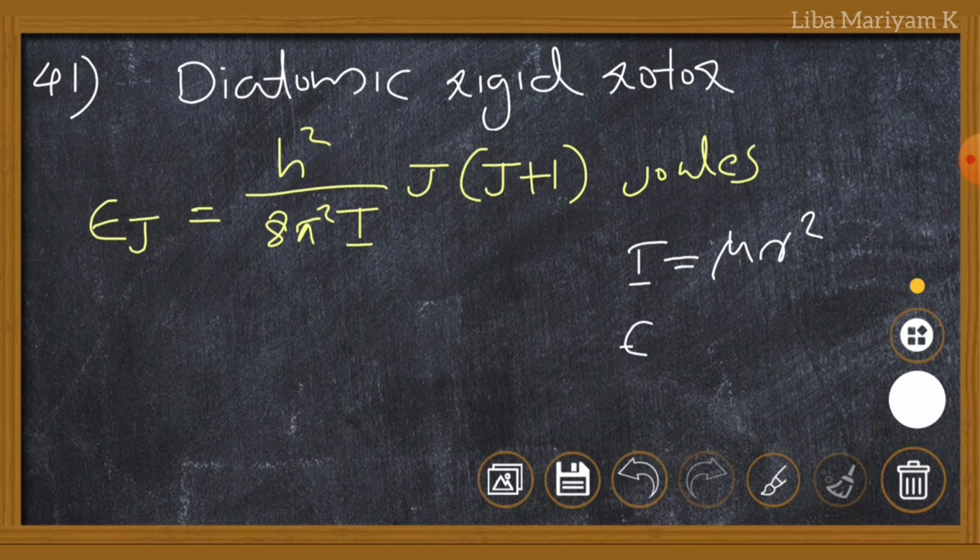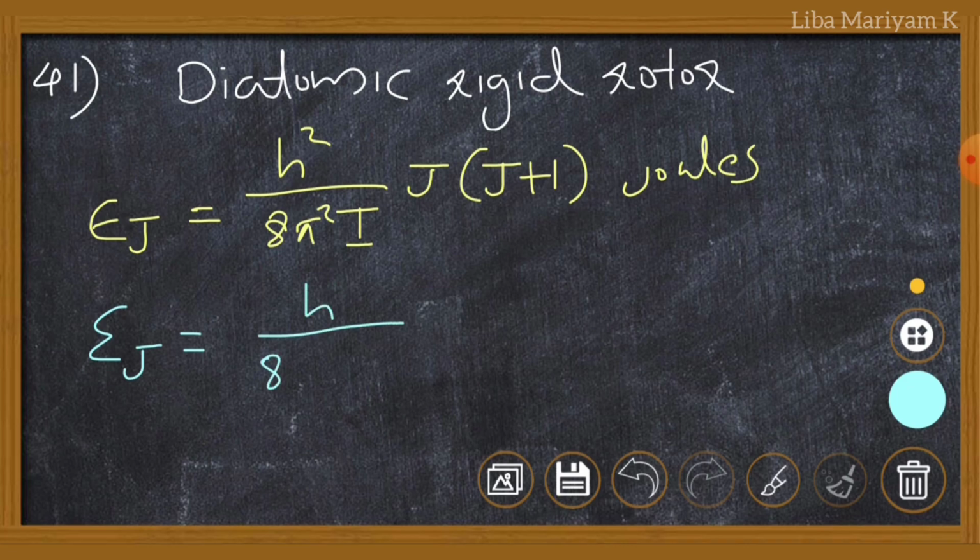We know energy is equal to hc by lambda. From this, wave number 1 by lambda is equal to E by hc. So we can write this energy in terms of wave number. Epsilon j equal to Ej by hc, that is h by 8 pi square I into c j into j plus 1 in centimeter inverse.